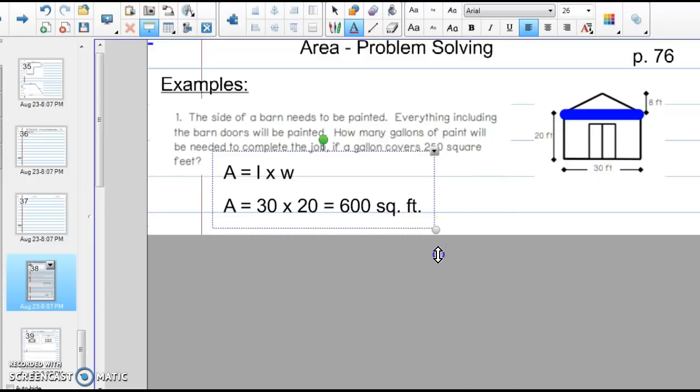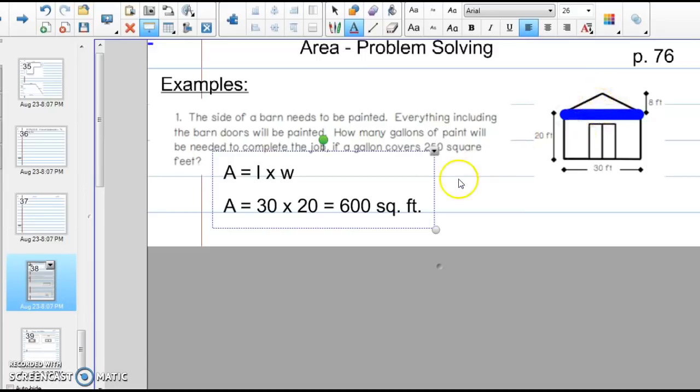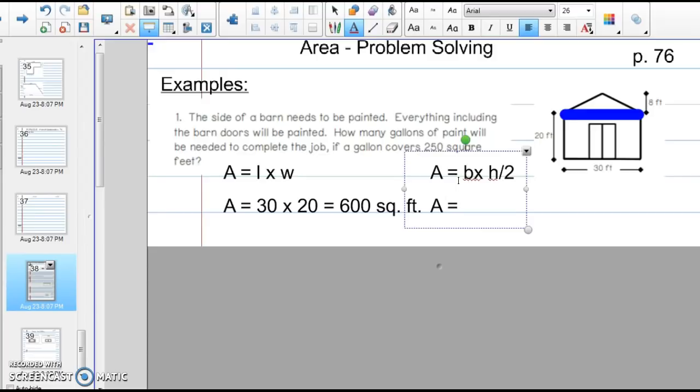Now, the roof, this part, is a triangle. So we now need to find the area of a triangle, and we know that that is base times height divided by 2. And I'm just going to write it like that for time's sake. Okay? Now we're going to substitute our numbers in. Well, this is the base of the triangle. So if you look across to the opposite side, this side length of the rectangle is 30 feet, then this side is 30 feet.